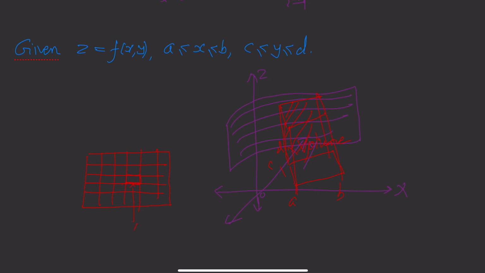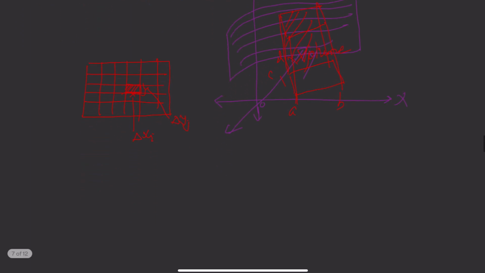Here the length is, say, delta xi and its width is, say, delta yj. So the area of this rectangle is delta xi into delta yj, and the corresponding height is f of xi yj. So this is the volume of this particular cuboid.